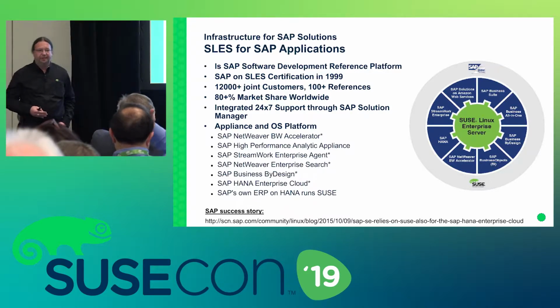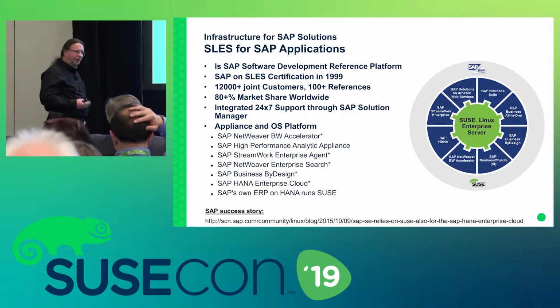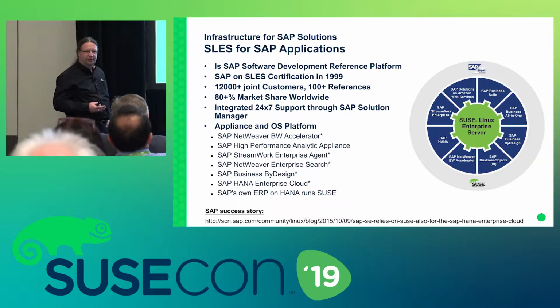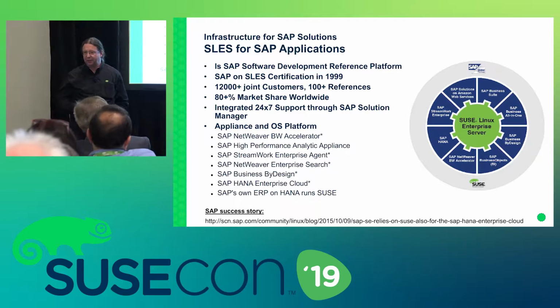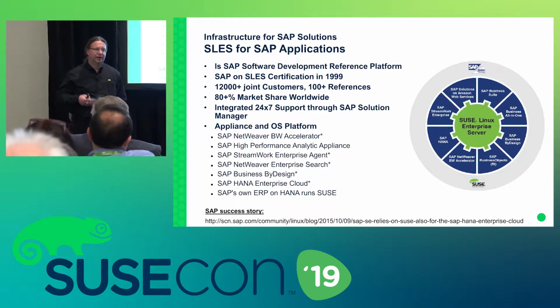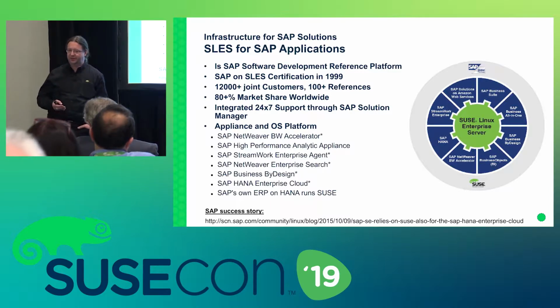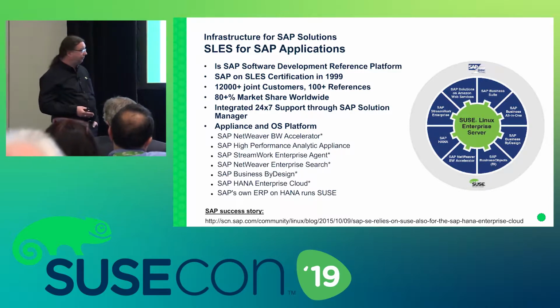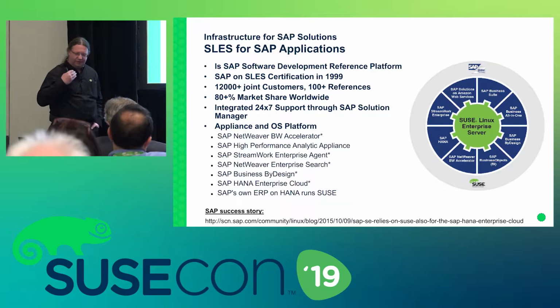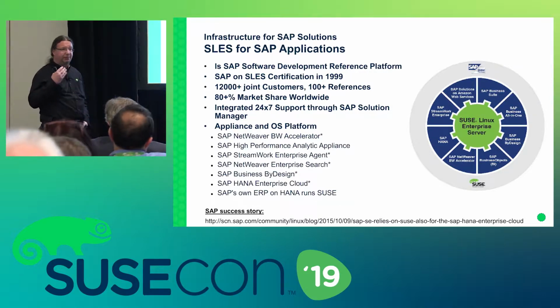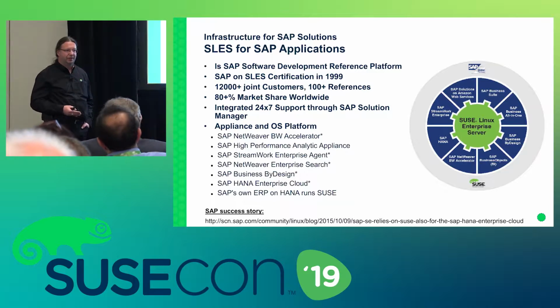But I think the market acknowledges it, and for those of you who have been in the partner session yesterday, we are by far the market leader for Linux workloads in the SAP space. Right? We have a long-standing relationship. SAP HANA is actually compiled and developed on SLES. We have enabled a whole lot of products. Again, the majority of customers run on SLES.